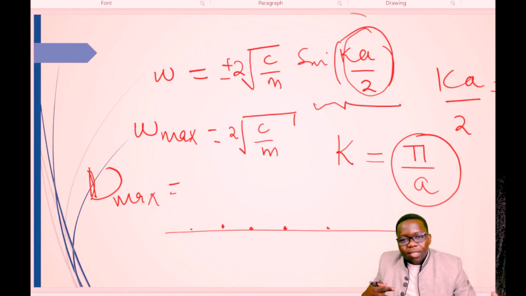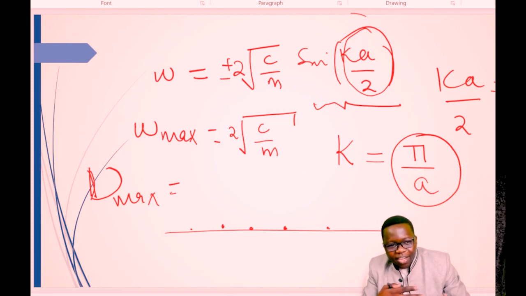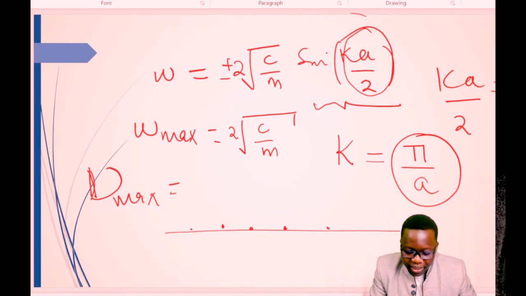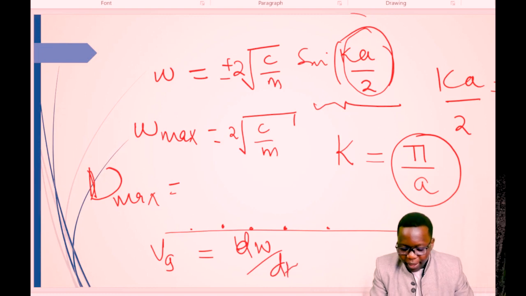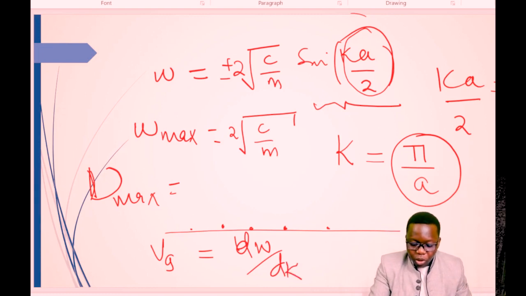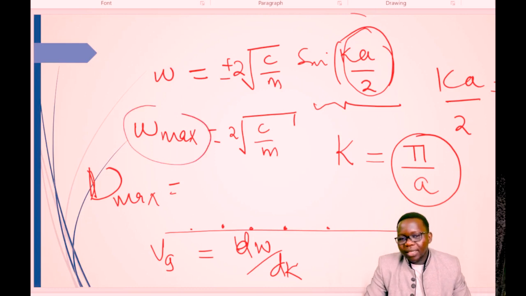So even these atoms, if they're transferring energy and really they're vibrating, then we expect them to be vibrating at a group velocity, which is d omega over dk. Differentiate this maximum point. So what is the group velocity at a maximum angular frequency?